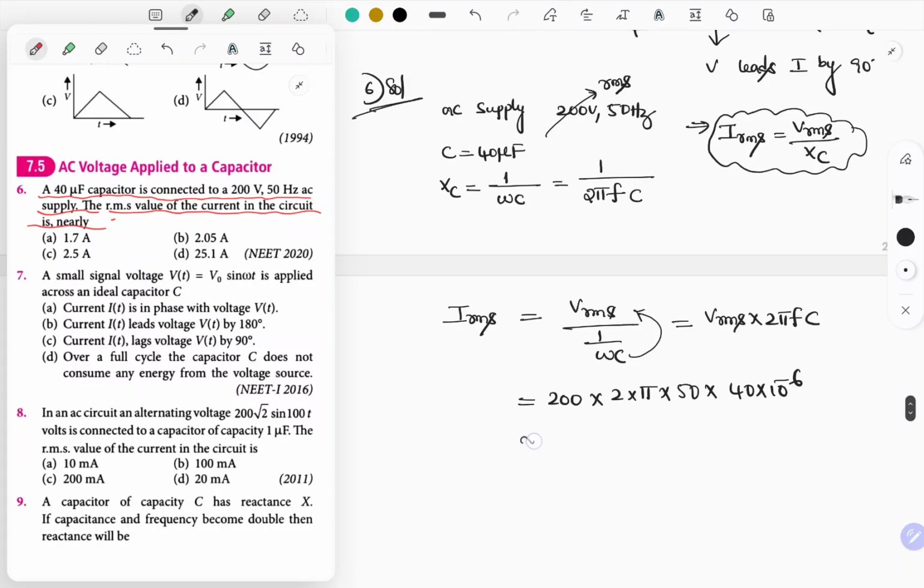If you solve this, you are going to get approximately 2.51 ampere. That's the answer. Which option? Option C is the suitable answer.